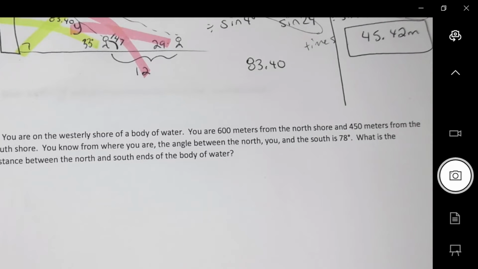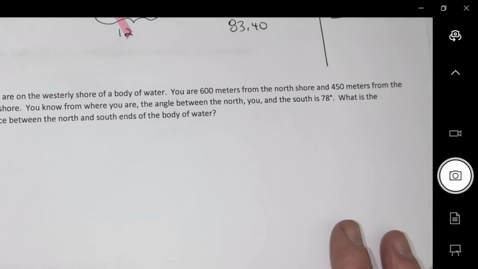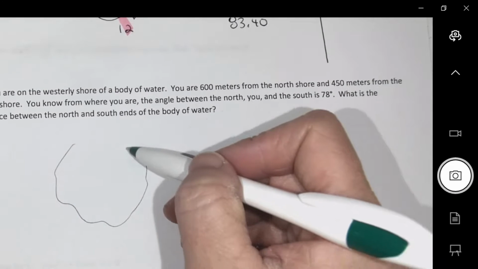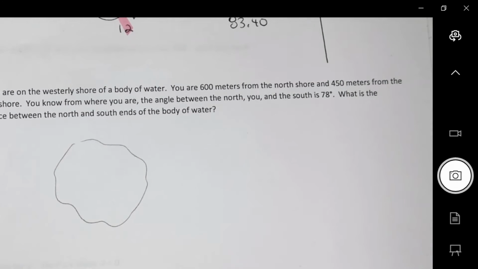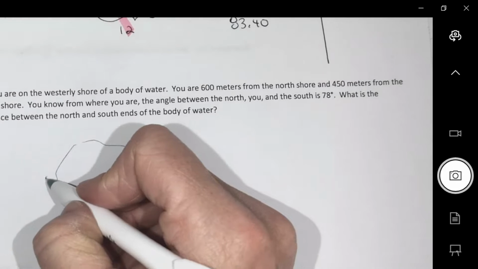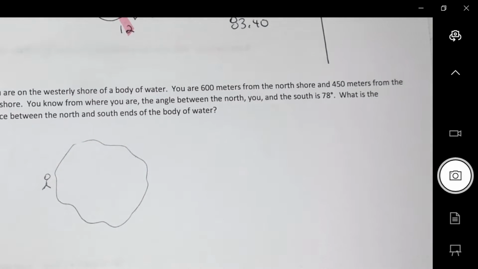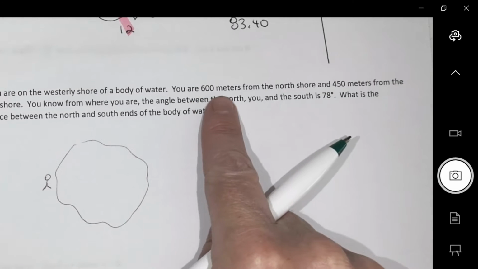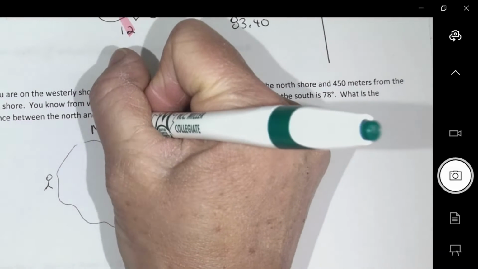Okay, you are on the westerly shore of a body of water. So there's the lake or whatever. You're somewhere over there. You are 600 meters from the north.